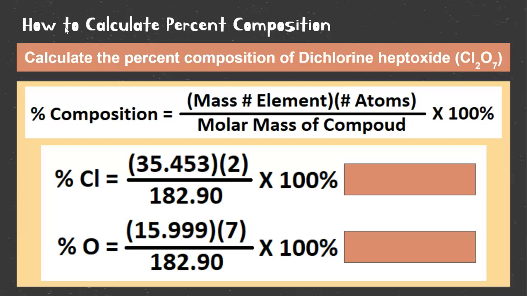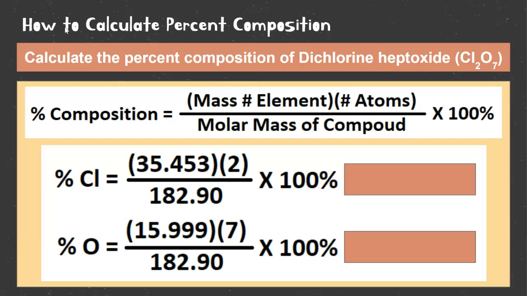Percent composition can be calculated using a formula. The formula is percent composition equals the mass number of the element times the number of atoms divided by the molar mass of the entire compound, and you multiply by 100 at the end to turn it into a percent.